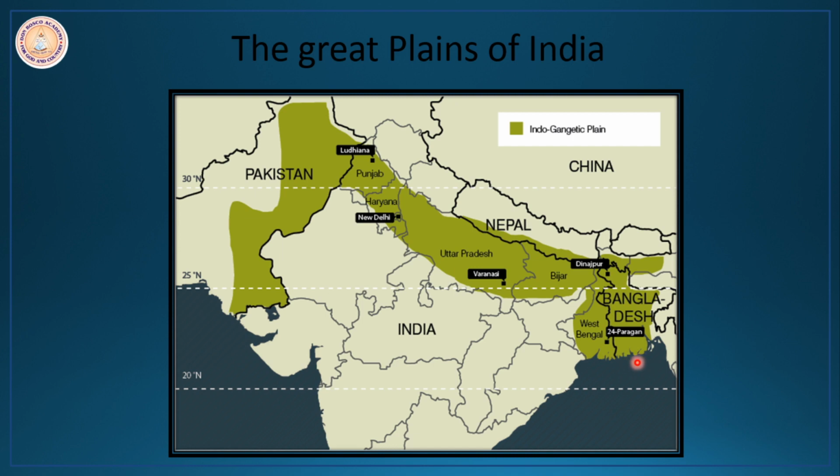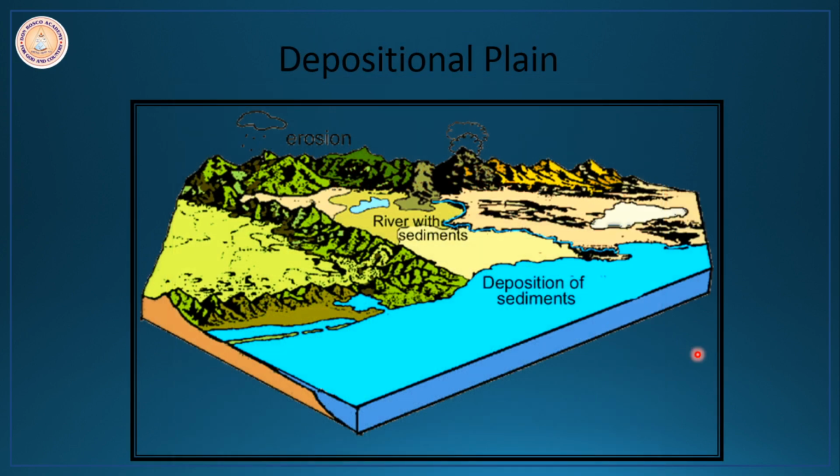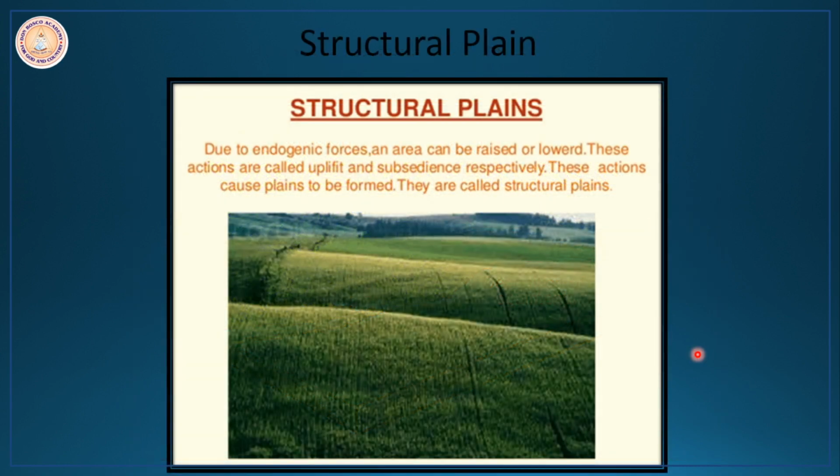Now, as far as types of plains are concerned, there are two major types of plains: the structural plain and the depositional plain. As far as the structural plains are concerned, they are formed due to endogenic forces, that is, forces which are coming from inside the earth.